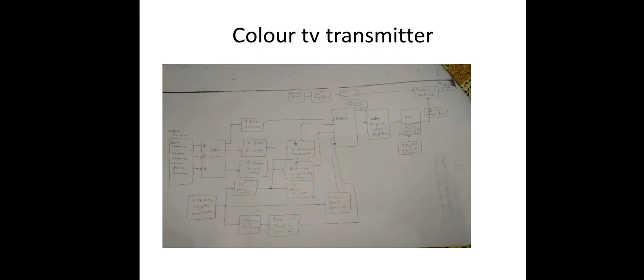It provides omnidirectional coverage, in short, transmission in all directions. The composite video signal from the signal adder is amplified by the video amplifier and then amplitude modulated in the class C RF amplifier.